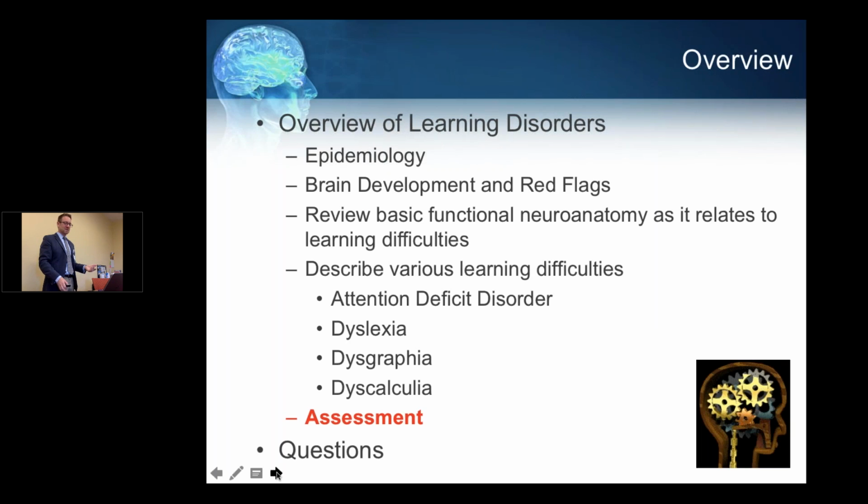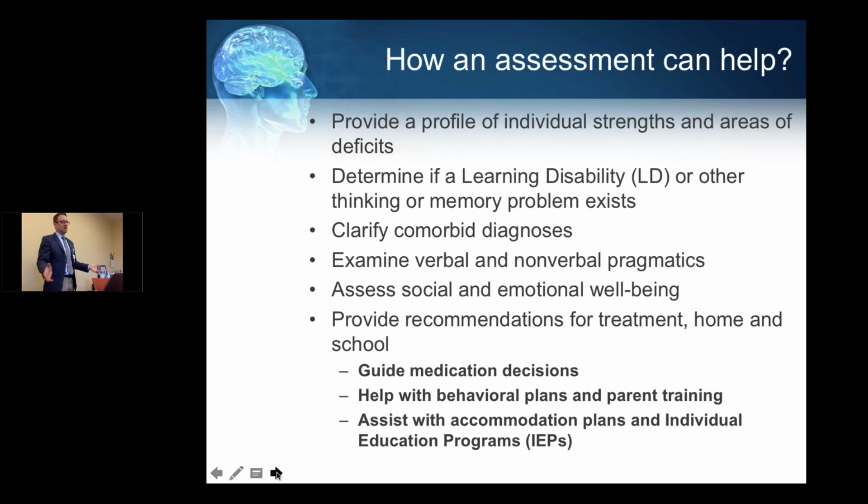So briefly, in terms of assessment, you need to have someone really take a look at these things in depth, and not just how they're functioning, but why. Because if your child has a math problem, you go see somebody, you already know they have a math problem. You don't need them to test and go, hey, they've got a math problem. Really? I knew that, but you want to know why.